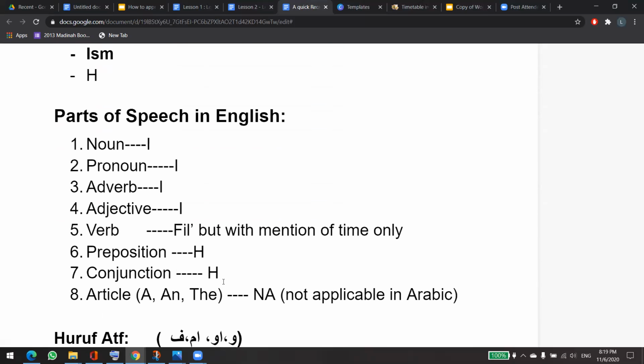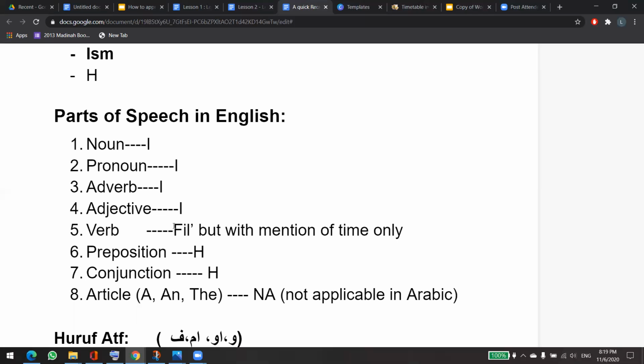Okay, so parts of speech. We also compared the parts of speech in English with Arabic, and we came to know that all nouns are ism in Arabic. All pronouns are also considered ism. All adverbs are ism. All adjectives are ism also.